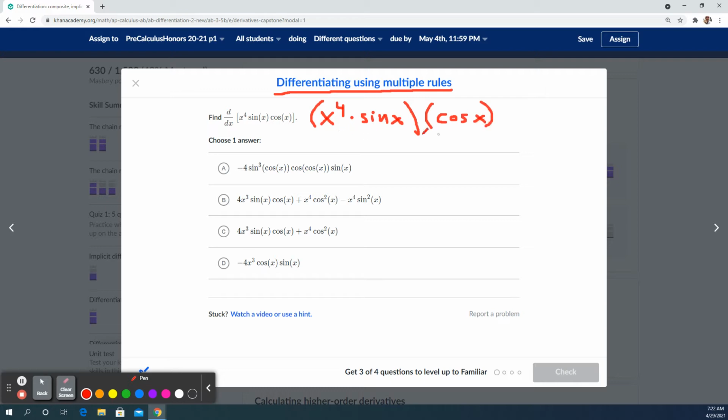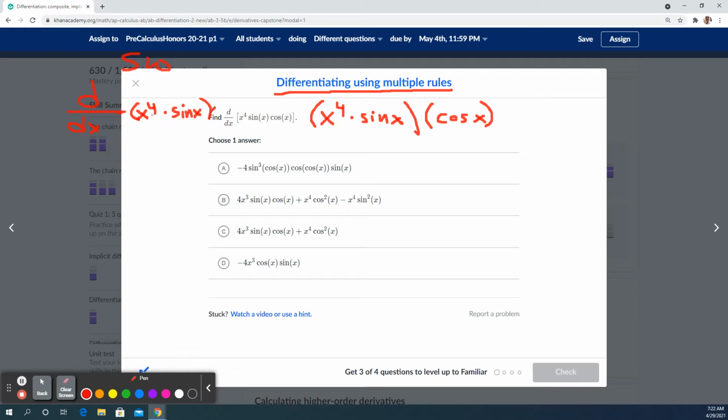So this is the product rule, where this is one product times the second one. All right, the derivative of the first. I would recommend just doing this on the side, d dx of x to the 4th times sine x. I'll do this one as side work, and then I can plug in the derivative of the first times the second and go from there.